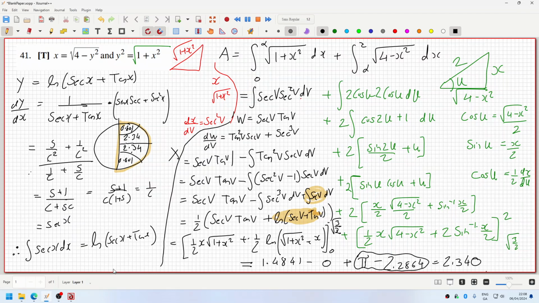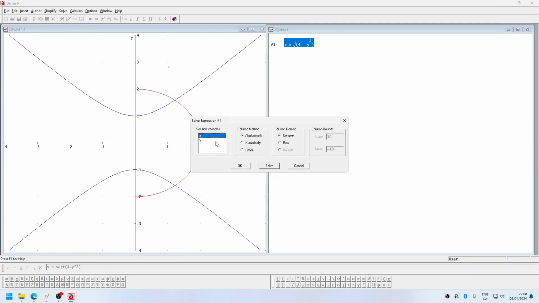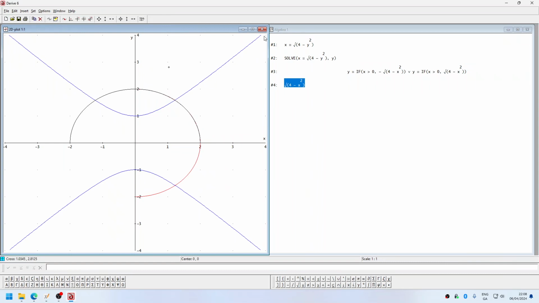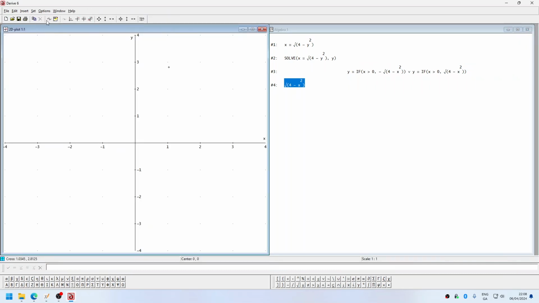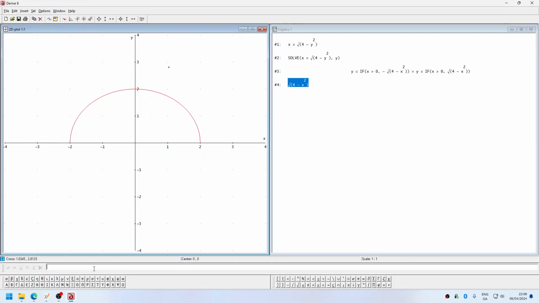Let's try it again. X equals square root 4 minus y squared. Yeah, so it's definitely square root 4 minus x squared. Okay, and then the other one is root 1 plus x squared.